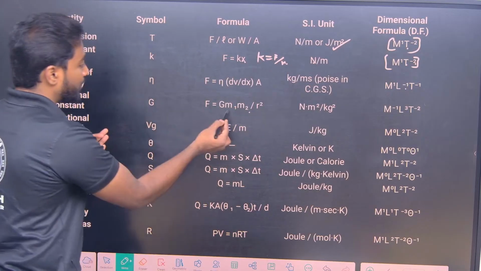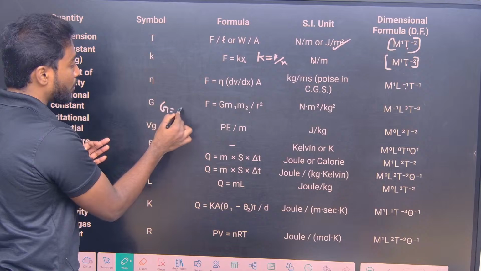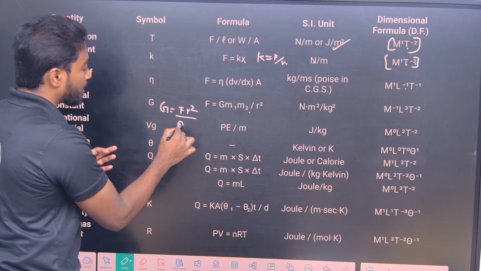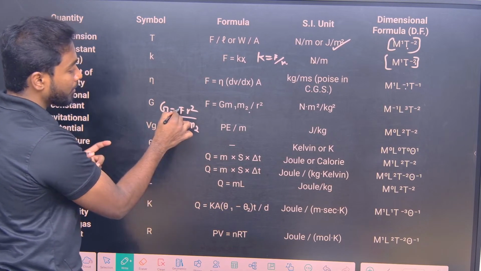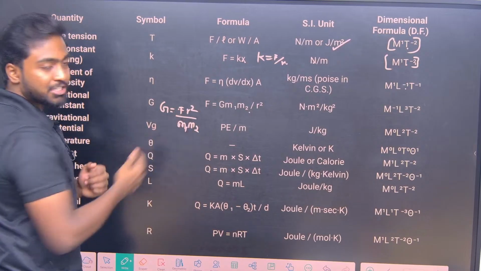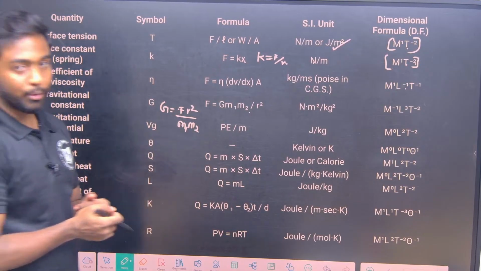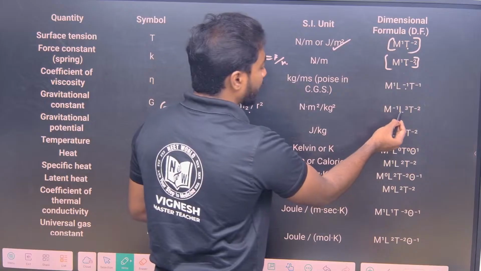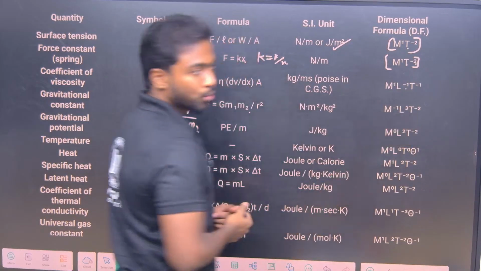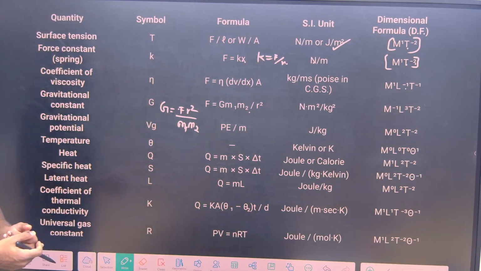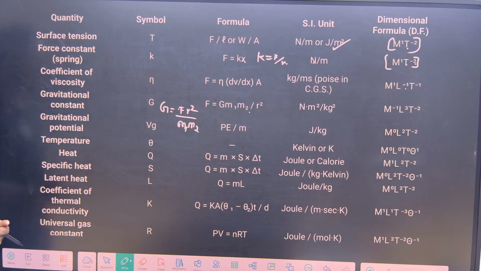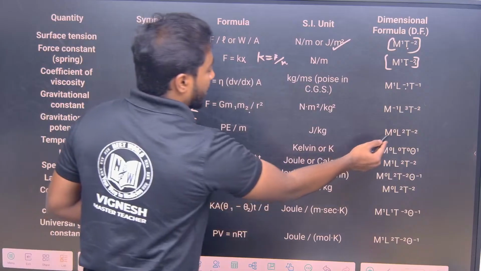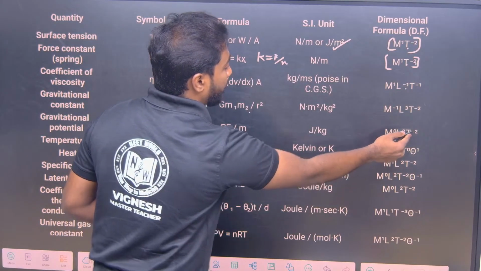From there we can write G equals F r square by m1 m2. So the unit is Newton meter square per kg square. So M power 1 L power 3 T power minus 2 is the dimensional formula for the gravitational constant. Gravitational potential is joules per kg, and M power 0 L power 2 T power minus 2 is the dimensional formula.